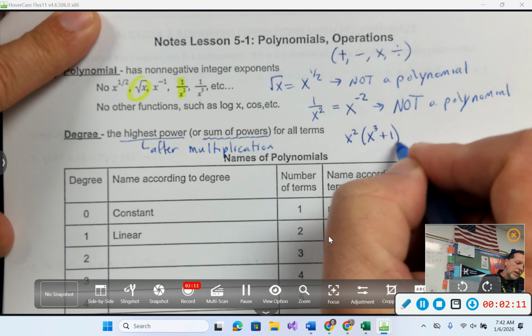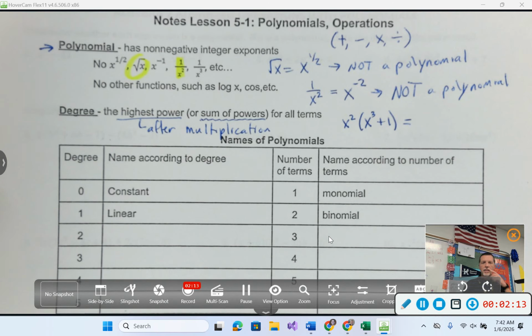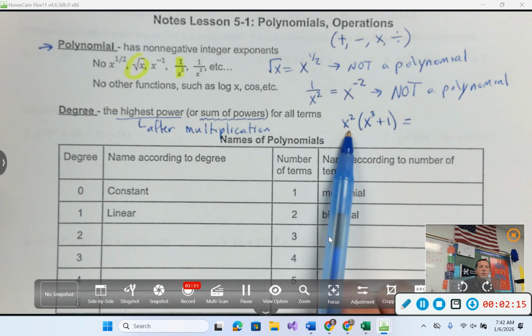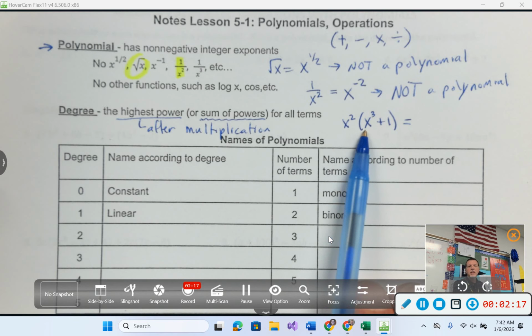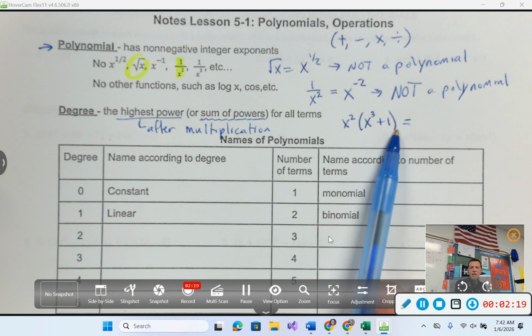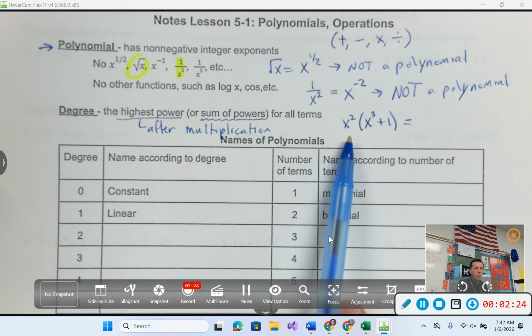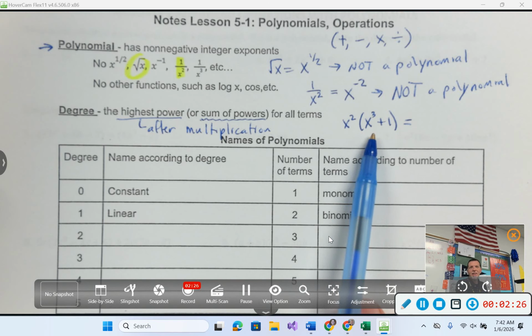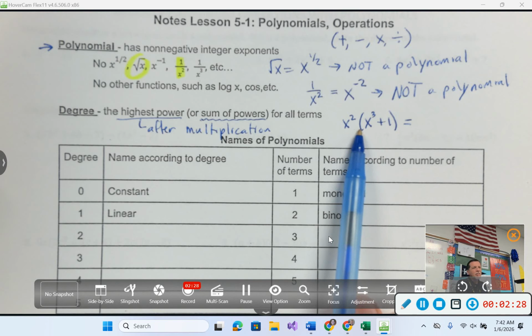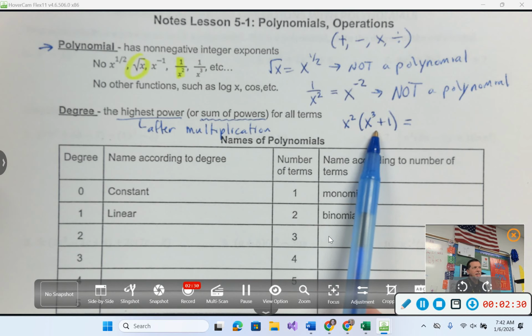Here's an example of that. If I have x squared times x cubed plus 1, if all I say is what's the highest power you see? 3. But what's the degree of that? It's not 3.